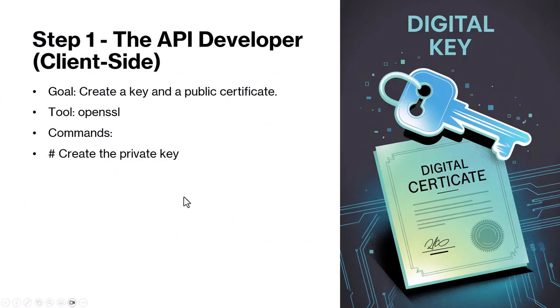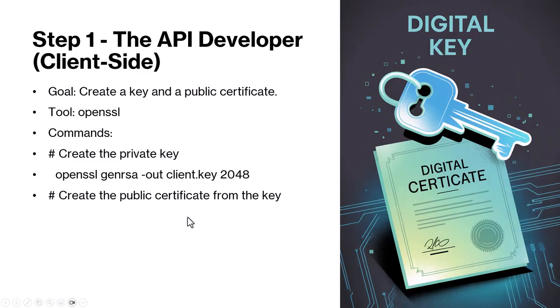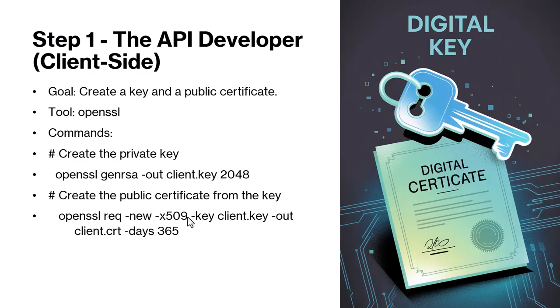These are the commands. They create the private key, the first command being openssl genrsa -out client.key 2048. It's all in the lab guide. And then create the public certificate from the key.